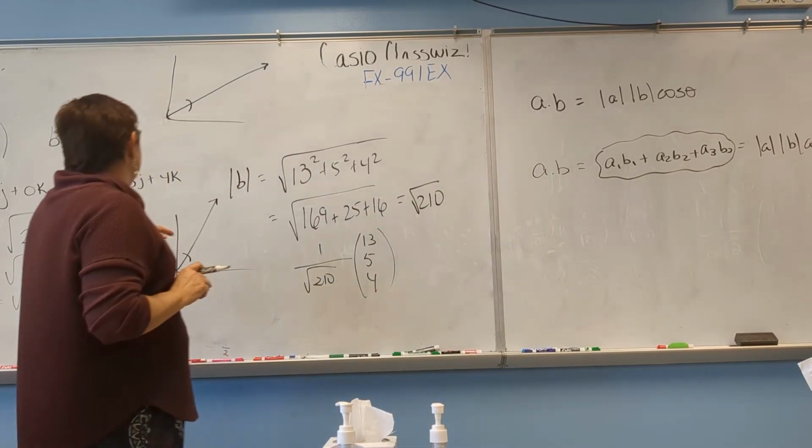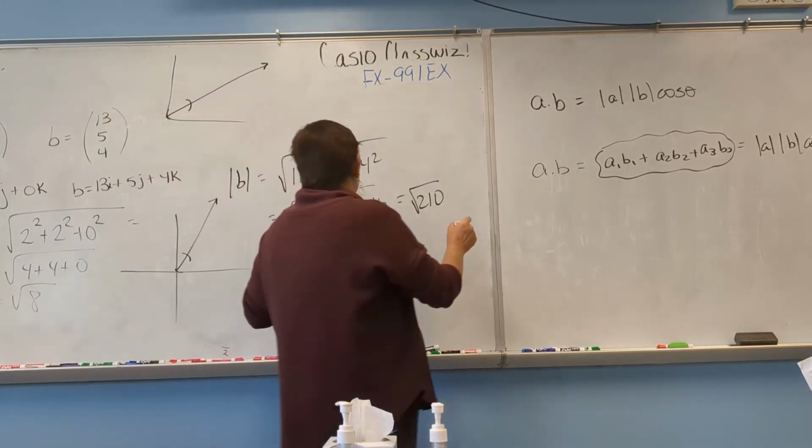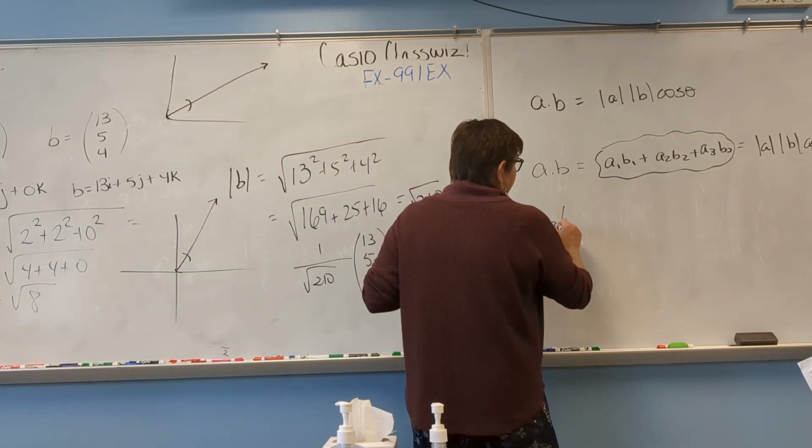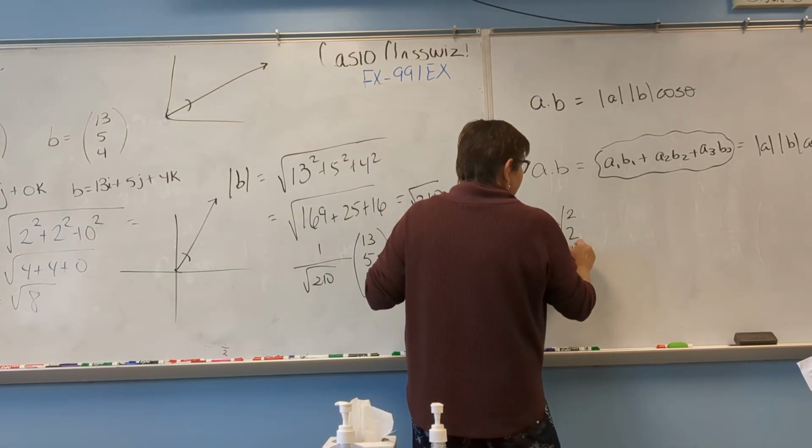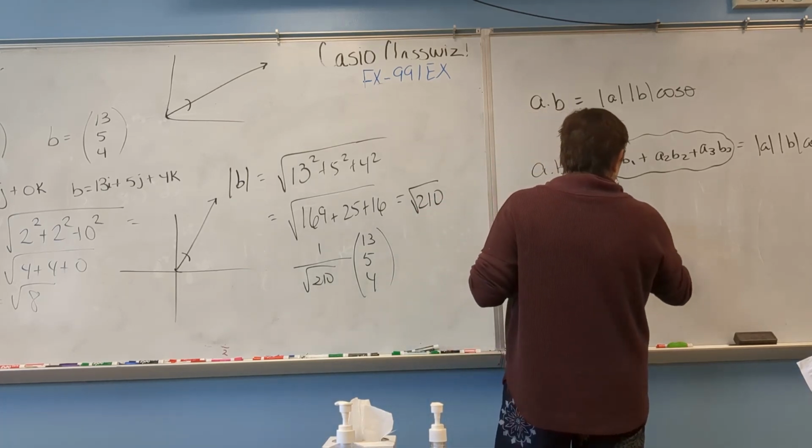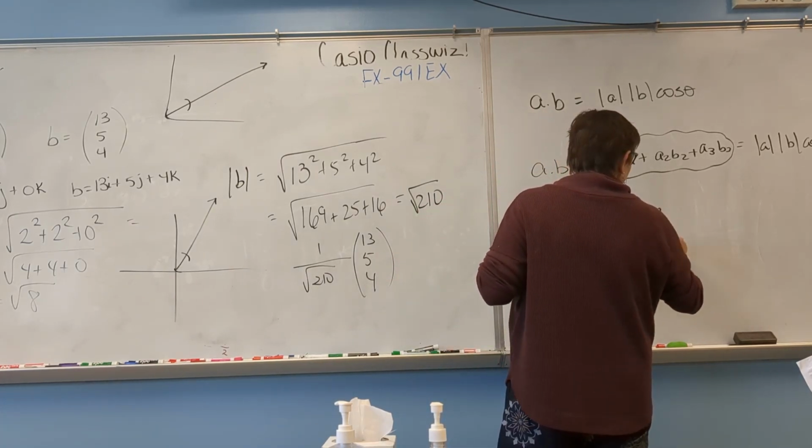So if I'm looking at these two vectors that we started with, let's say A is 2, 2 and 0, and then let's say B is still 13, 5 and 4.